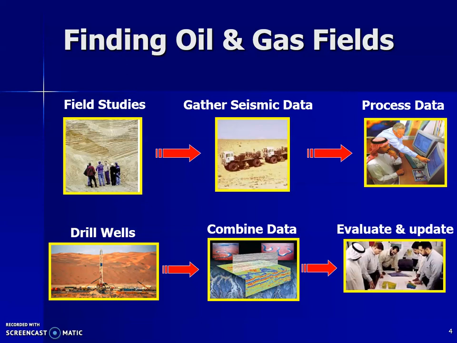Starting with field studies, initial prospective hydrocarbon reservoirs are explored, and these field studies use every data that can be available through the field studies, such as surface studies, particularly rock outcrop and or oil gas seeps that might be found on the surface, satellite images, or other remote sensing data.